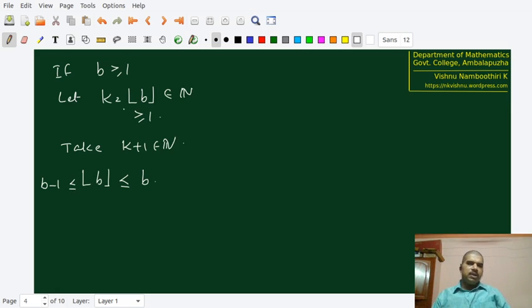So what we have done here is taken k to be the floor of b, and if you take k plus 1, then k plus 1 is greater than b, and k plus 1 belongs to n, therefore b is not an upper bound for n. Therefore, n is not bounded above, because we cannot find any upper bound for n in the system of real numbers.